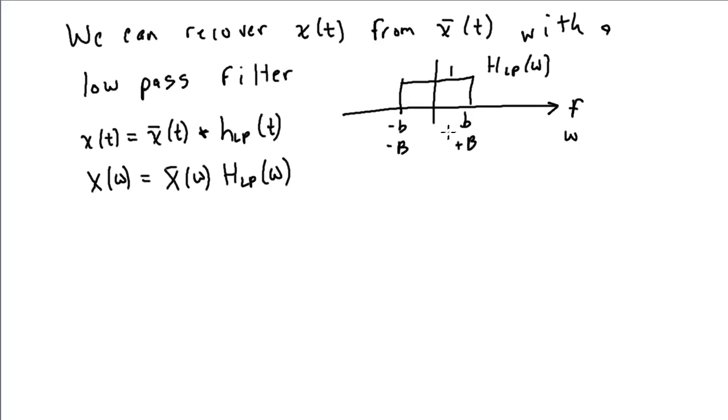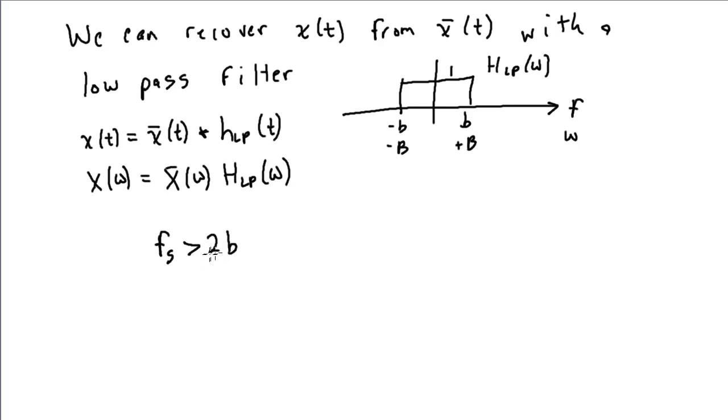So what we've discovered here is that as long as I sample at a rate Fs greater than 2 times the highest frequency in my signal. So for example, if I'm working with a signal, the highest frequency is 10,000 hertz.